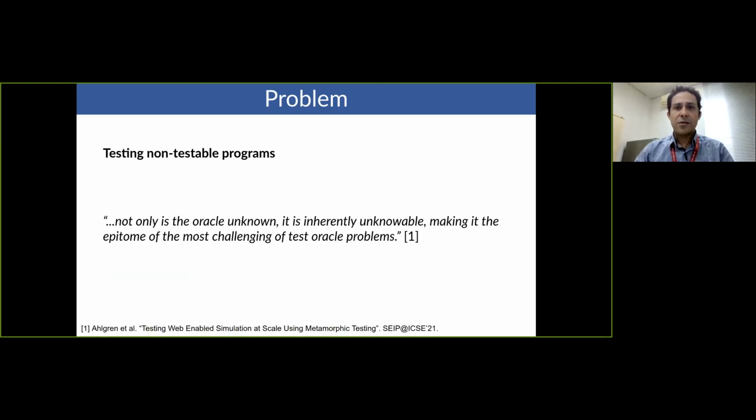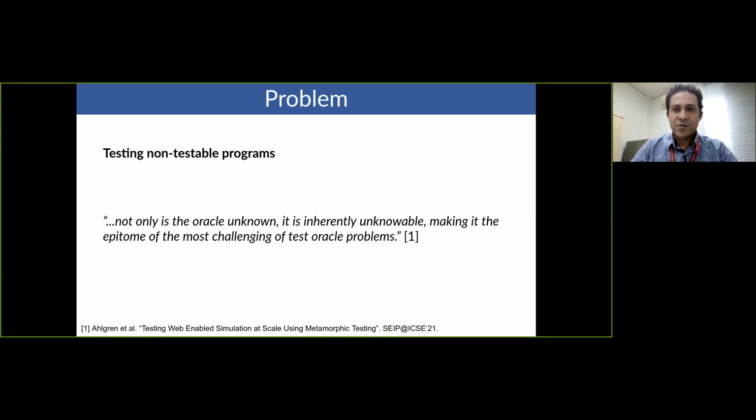For some programs, however, such a test oracle cannot be determined with a reasonable effort or does not even exist. In a recent software engineering practice paper, John and colleagues noted that some simulation systems constitute the essence of non-testable programs because a test oracle is not only unknown, but inherently unknowable.